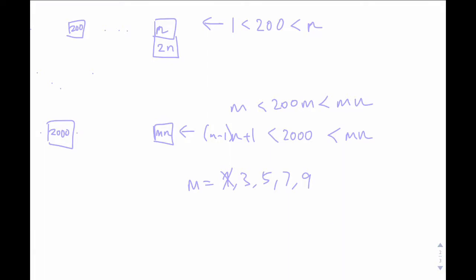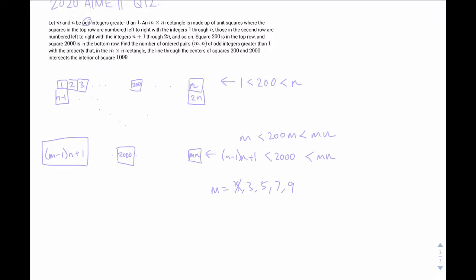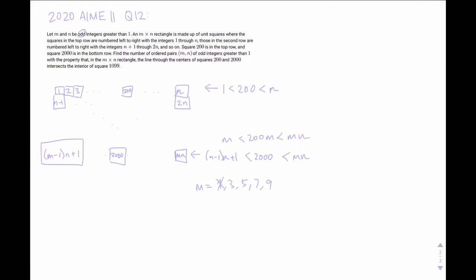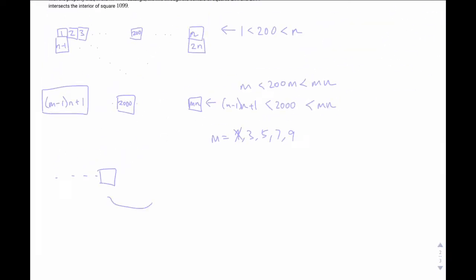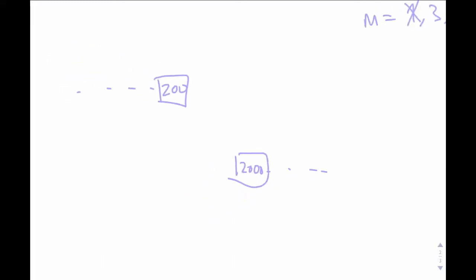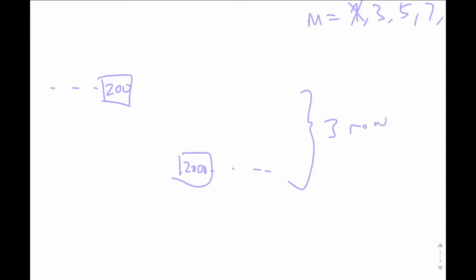So what we can do next is try drawing a picture just to see what's happening. If we have m equals 3, we have a bunch of squares. We have a 200 here, and we have a 2000 here. We have a bunch of squares, and this is 3 rows.